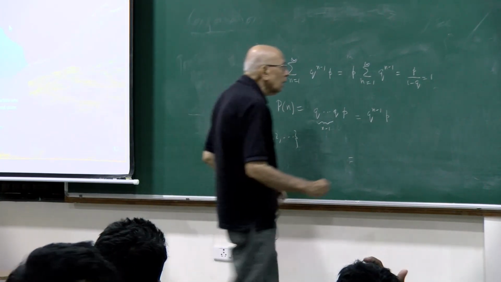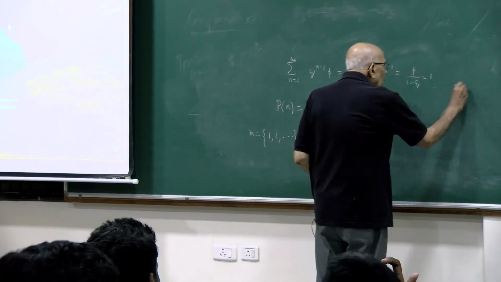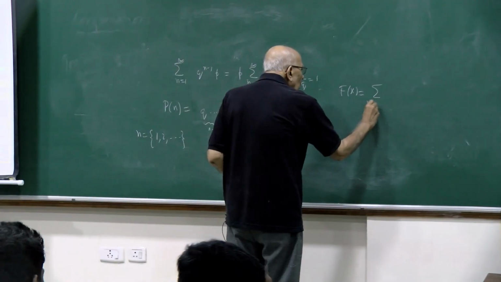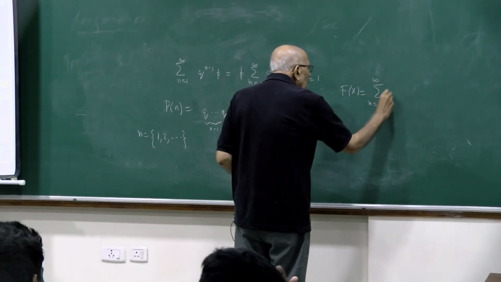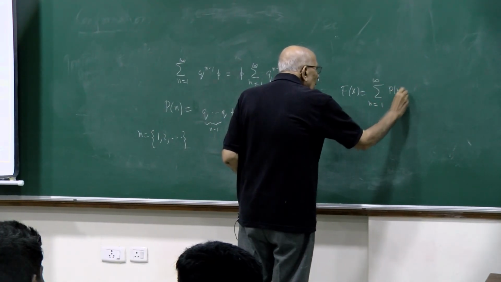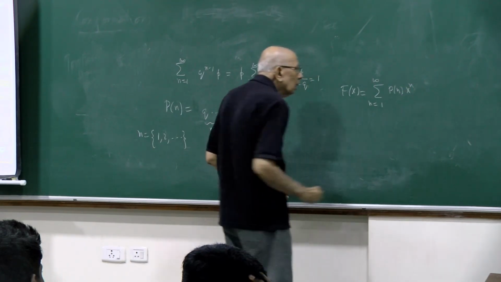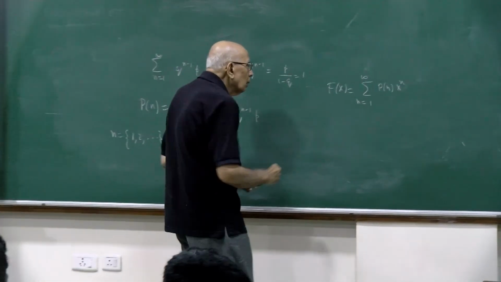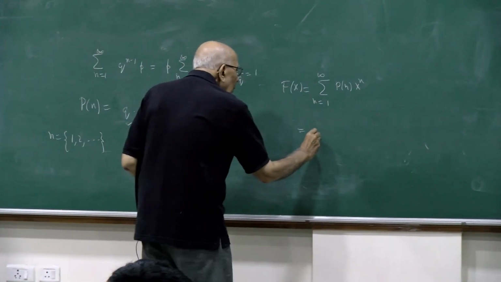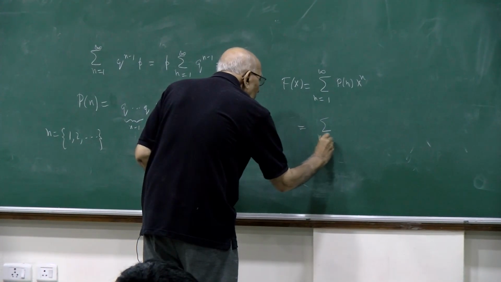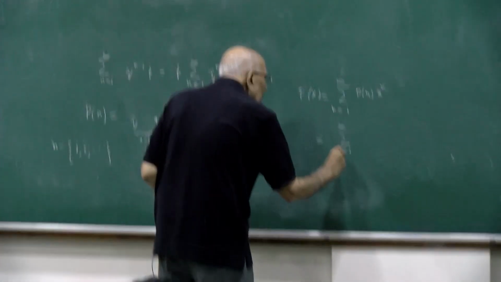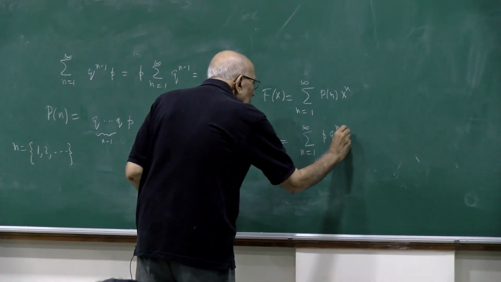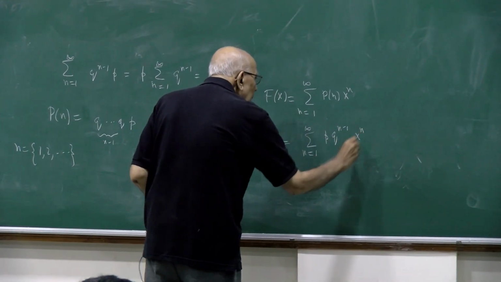So I define the generating function f of x as the summation n equal to 1 to infinity of p of n x to the power n. That's my definition of the generating function. P of n is p q to the n minus 1 times x to the power n.